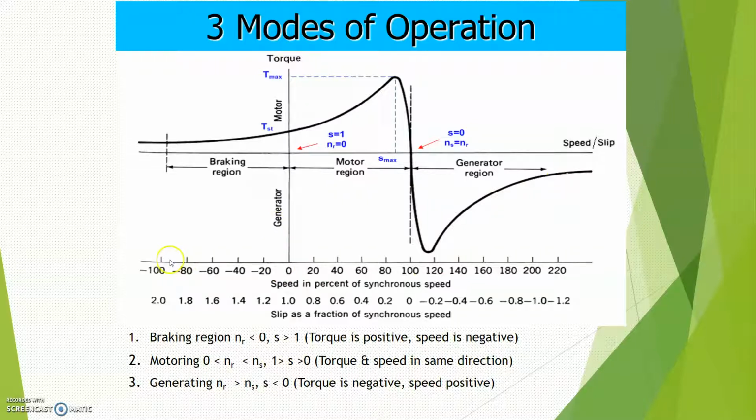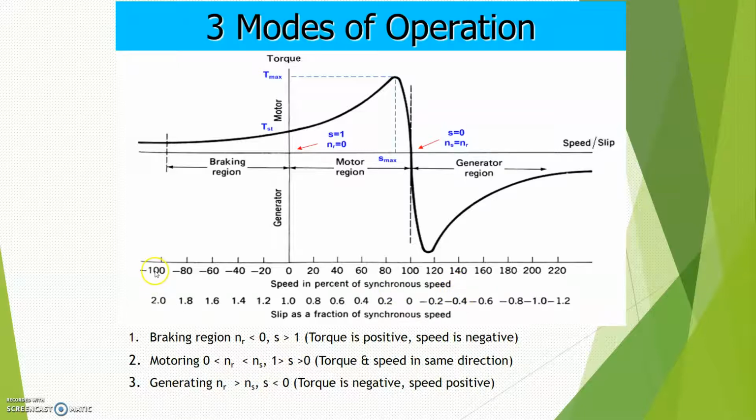For the x-axis, this represents the speed as a percentage of the synchronous speed. This point is 0% of the synchronous speed, and this is 100% of the synchronous speed, meaning that at this point the speed is equal to Ns. Ns is the synchronous speed, or the speed of the rotating magnetic field.